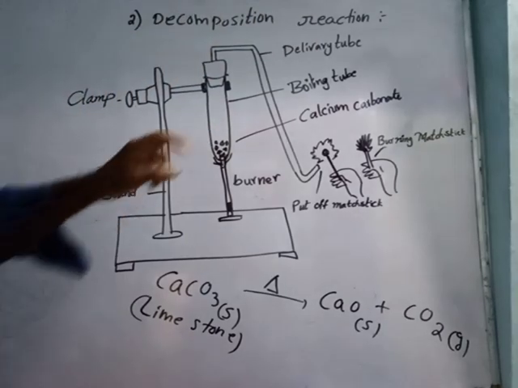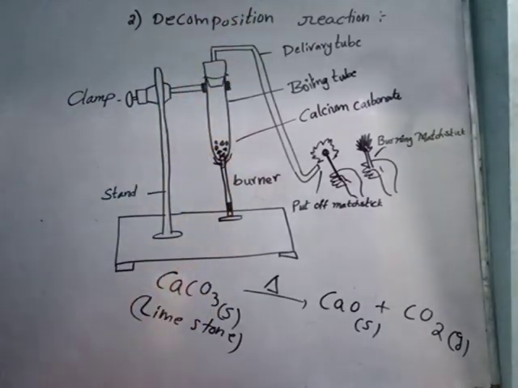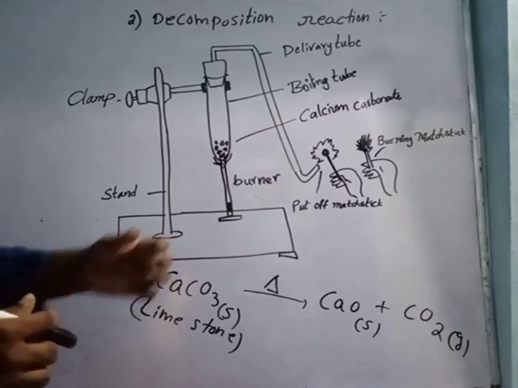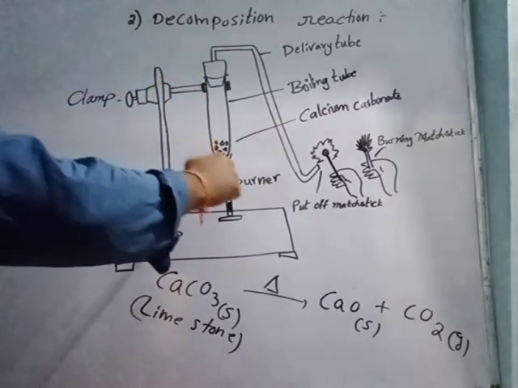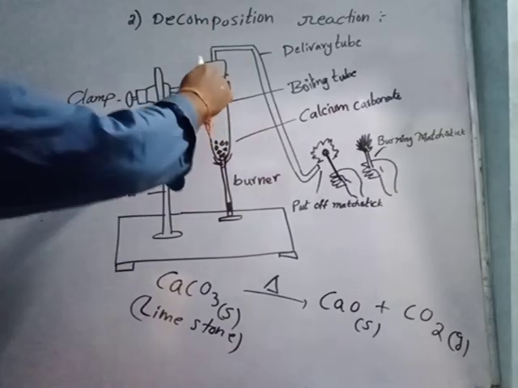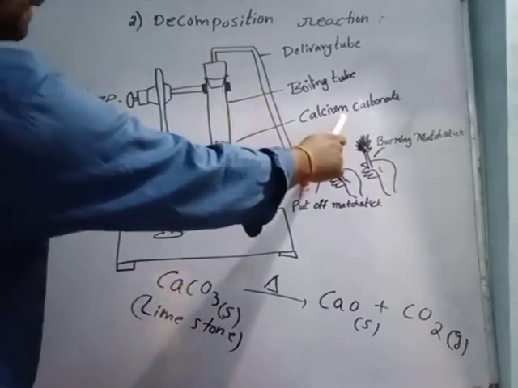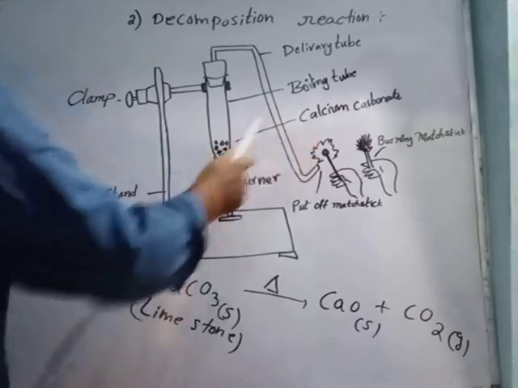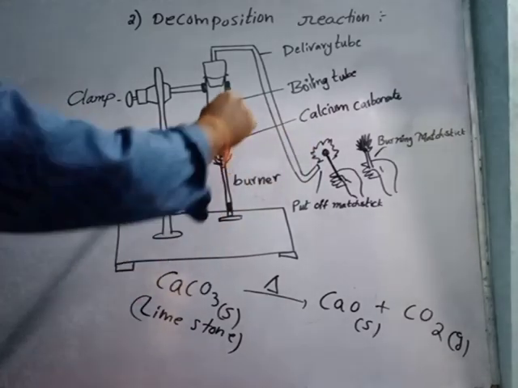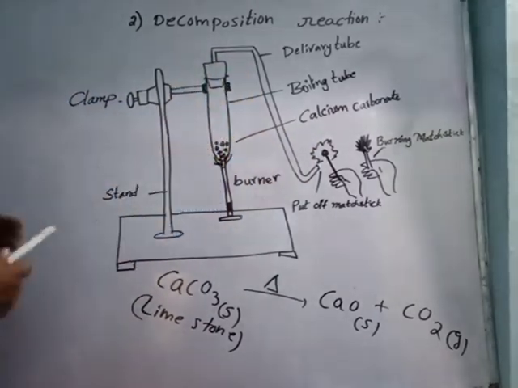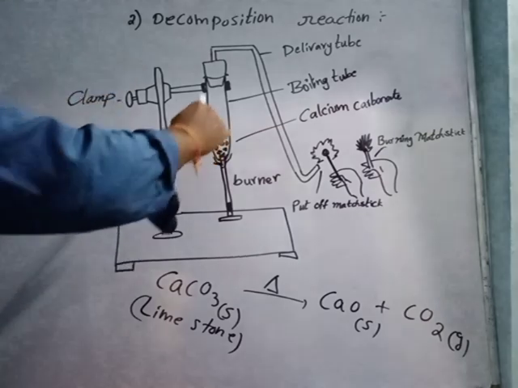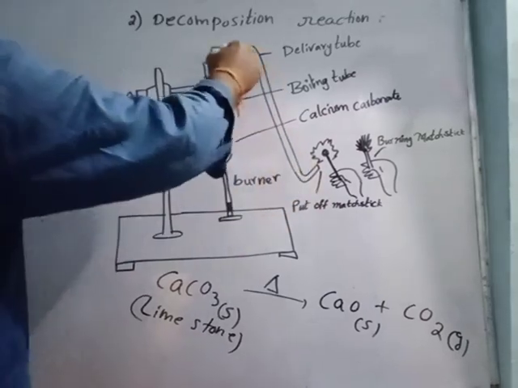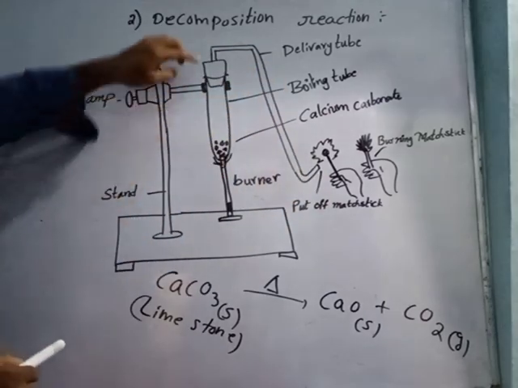It is explained with one small activity. First one, take one test tube. The test tube is filled with calcium carbonate. It is held with a stand, and a delivery tube is connected with the mouth of the test tube.